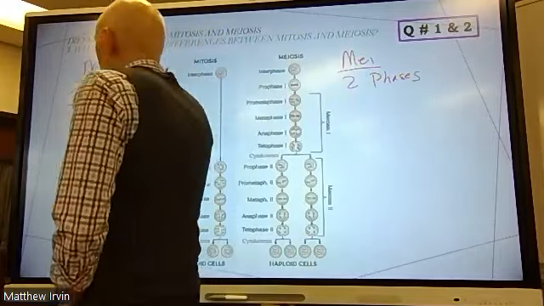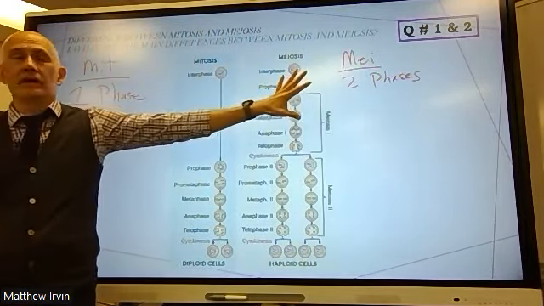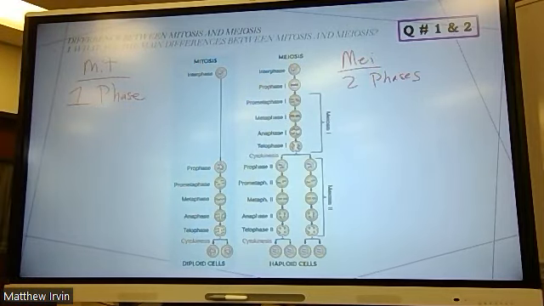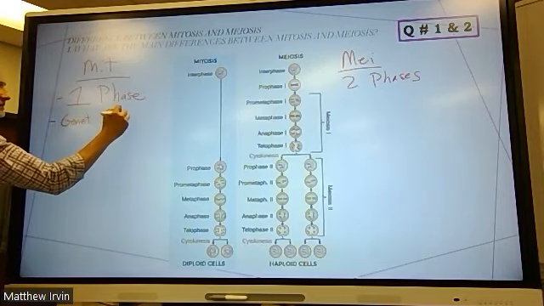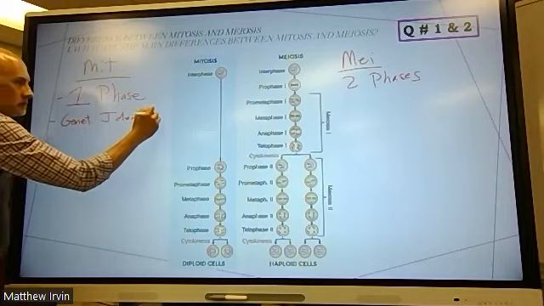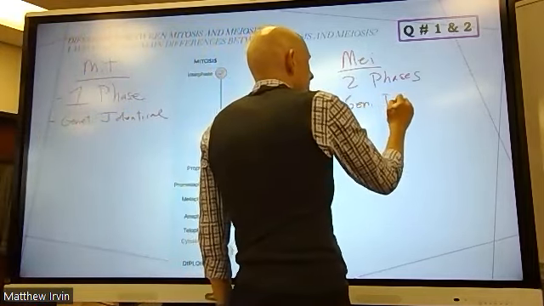So we have the cell dividing once, and over here the cells dividing twice. Mitosis forms genetically identical cells, where over here we will have genetically diverse cells.